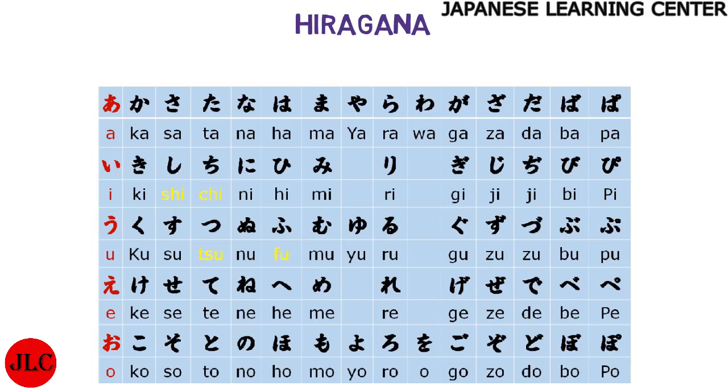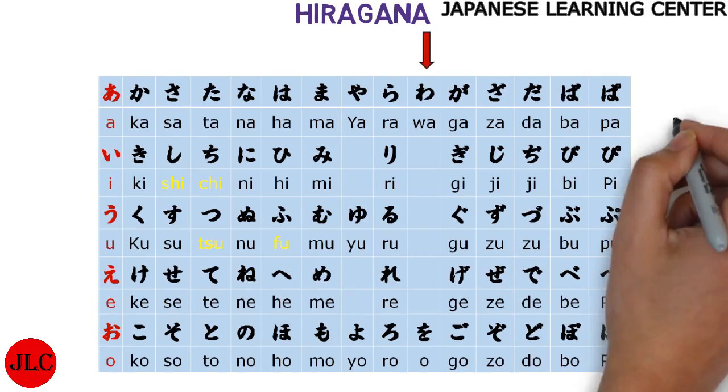Then comes the ma series: ma, mi, mu, me, mo. Then in the case of the ya series, only 3 letters are there. Those are ya, yu, yo. Then the ra series: ra, ri, ru, re, ro. In the case of the next wa series, only 2 letters are there. Those are wa and o.